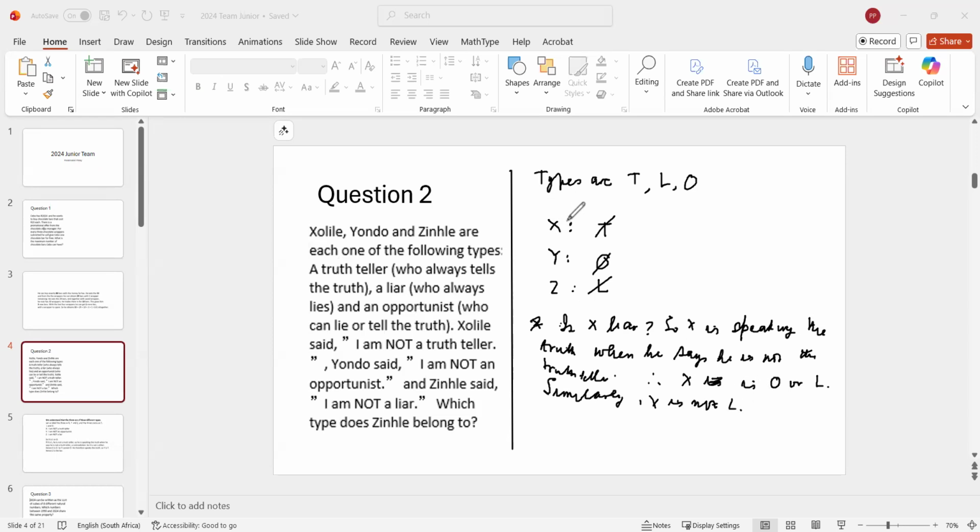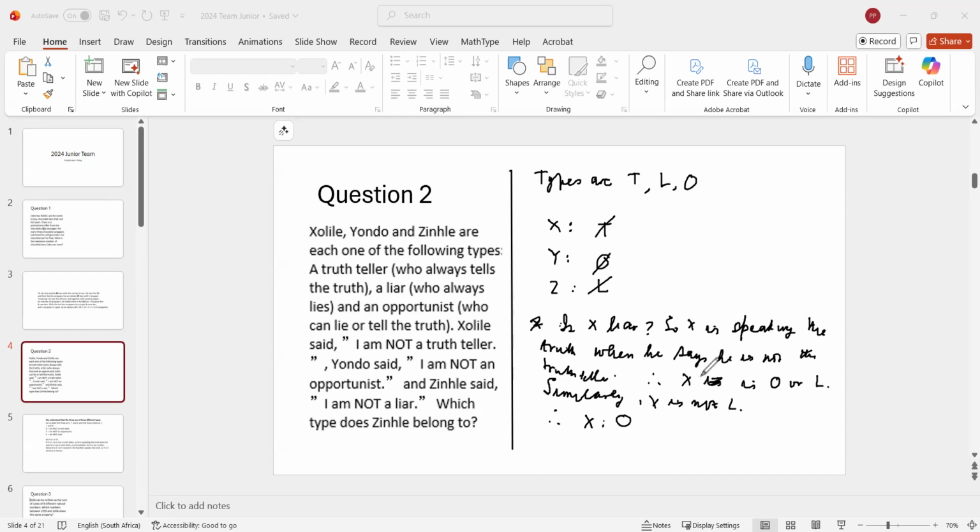Suppose X is a liar. So what does it mean? He'll always lie. Now here, he says he's not the truth teller. So therefore, he's speaking the truth because he's a liar. You can't be a truth teller and lie at the same time. So X is not a liar as well. So therefore, it means that X is O. Only three types. So X is the opportunist.